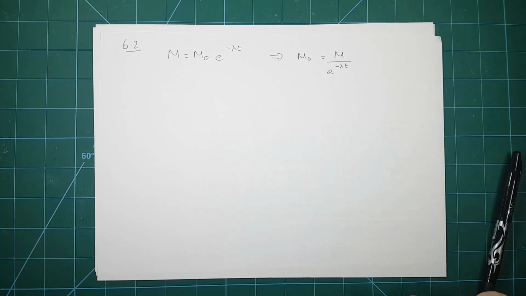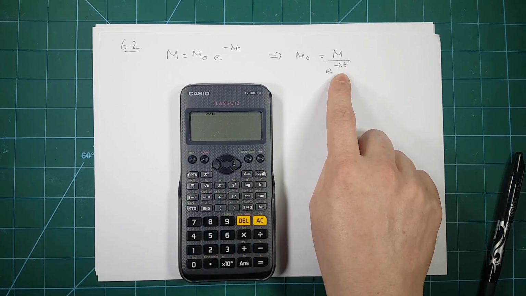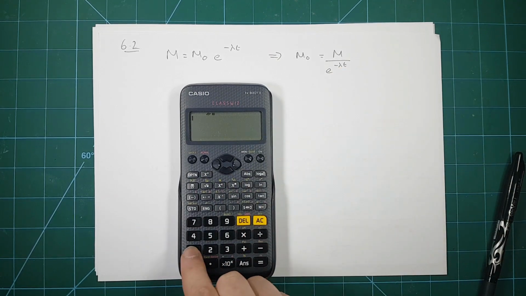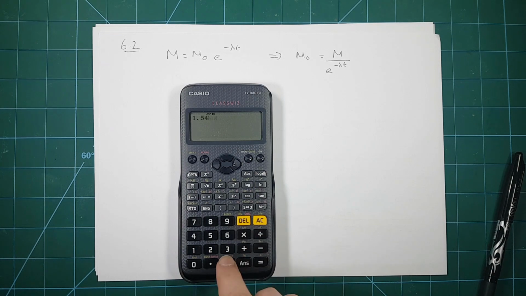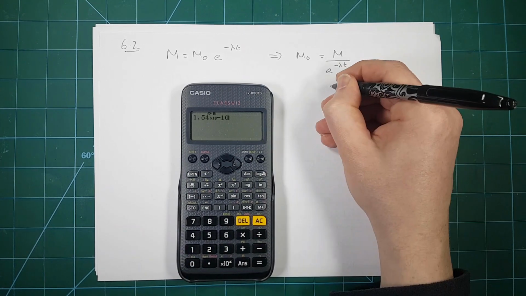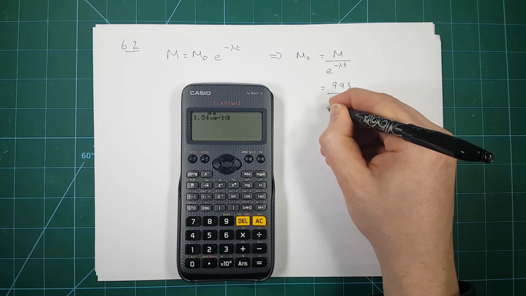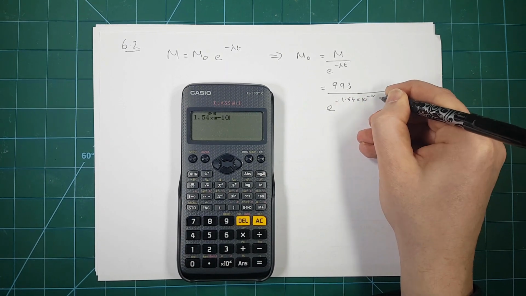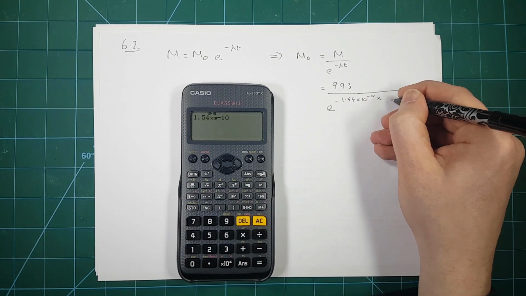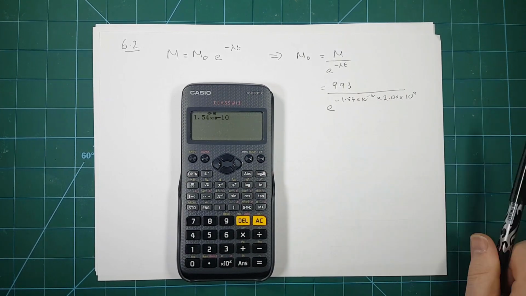Okay, well, we can do that. So lambda and t we can leave in years because they're both put in years. So we've got 1.54 times 10 to the minus 10. Let's write this out. 993 grams divided by e to the minus 1.54 times 10 to the minus 10 times by the age of the rock, and because they're both in years they'll cancel each other.